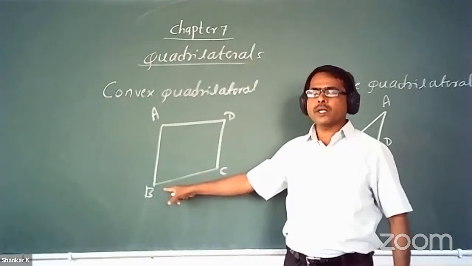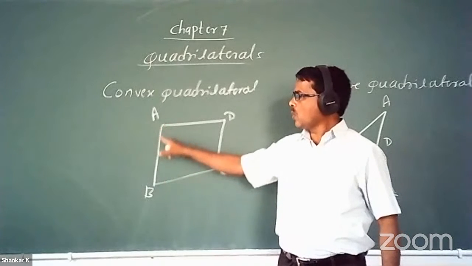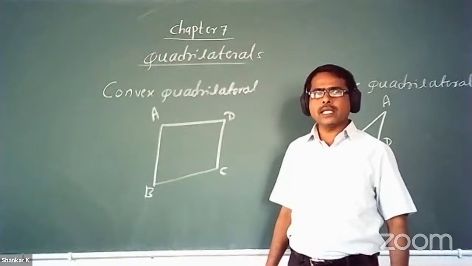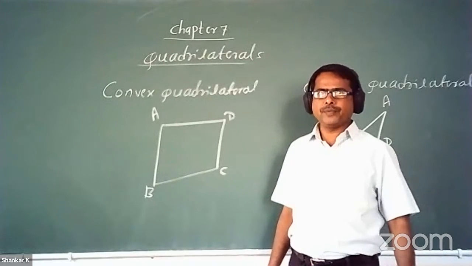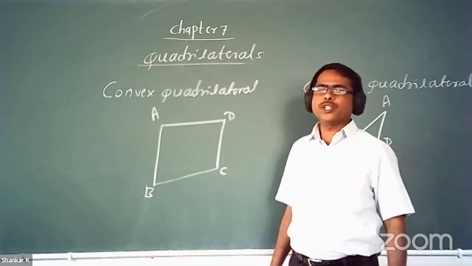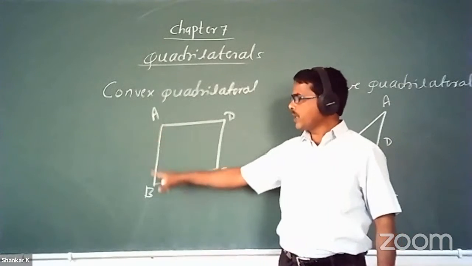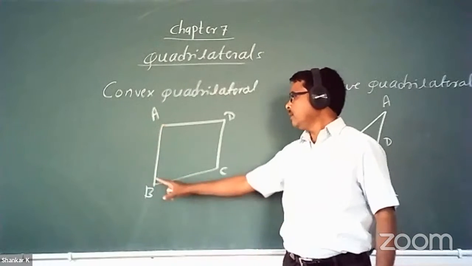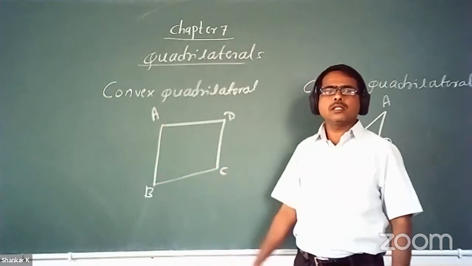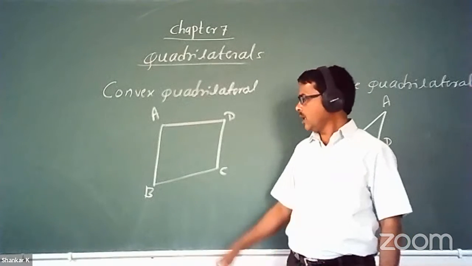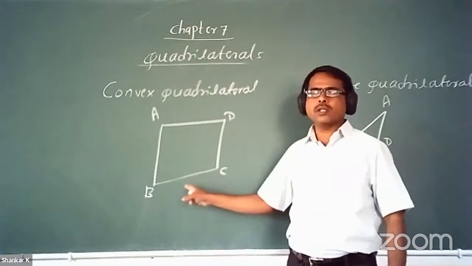Which are consecutive vertices? Two vertices for which one line segment or side is common are consecutive vertices. A and B are consecutive because AB is common for both. B and C are consecutive vertices because BC is common for both.